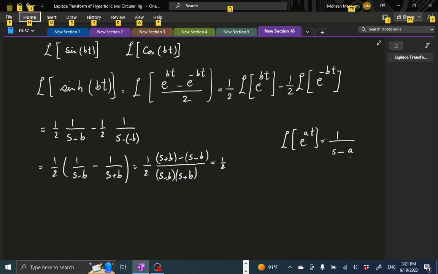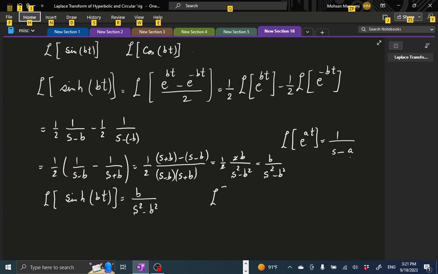So 1/2 of, in the numerator, the s's cancel, I have 2b. The denominator, if you multiply it through, is s squared minus b squared. The 2's you can cancel: b over s squared minus b squared. So we have the following: the Laplace transform of sine hyperbolic of bt is b over s squared minus b squared.